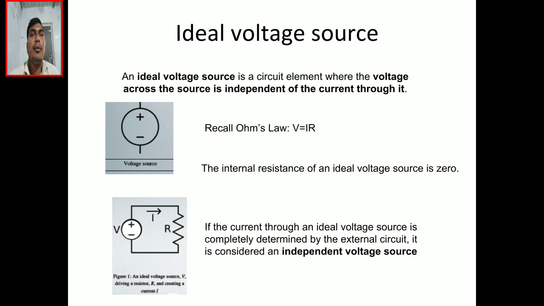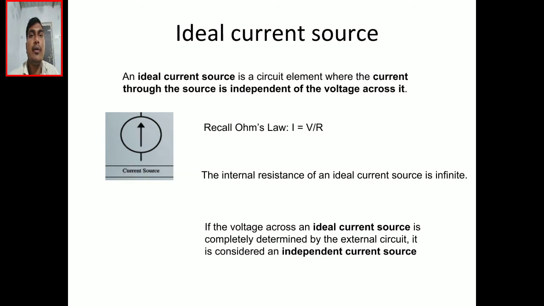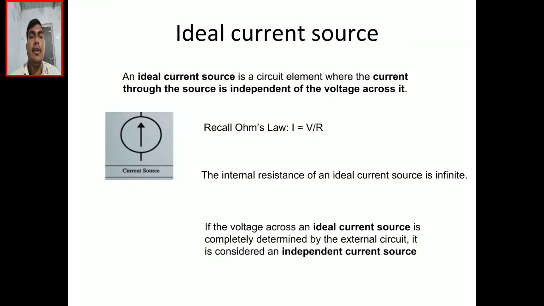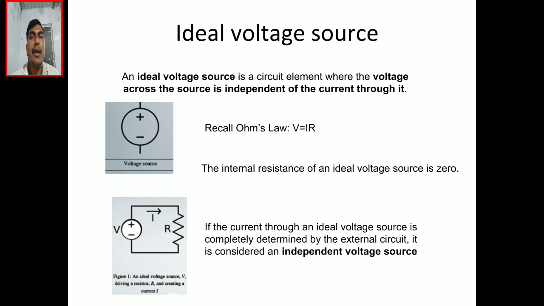What about the practical voltage source? In nature, all sources are practical voltage sources, because an ideal source does not exist.